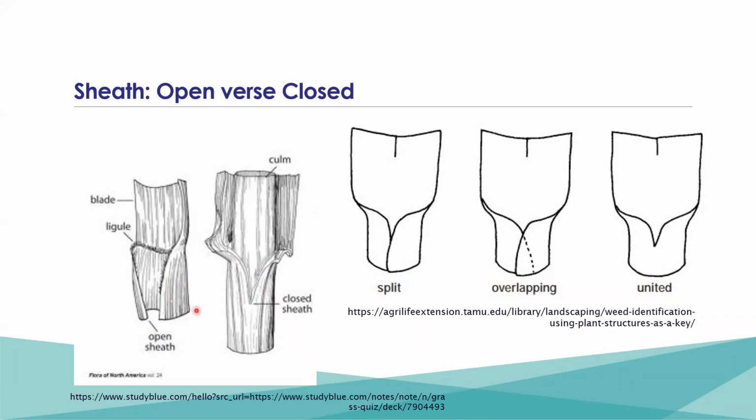And a good way to tell the difference between these two is if you grab the blade of the leaf and pull it back away from that central stem. The open sheath will simply open along where it's not fused, whereas with a closed sheath you will actually have to rip and tear it through here.